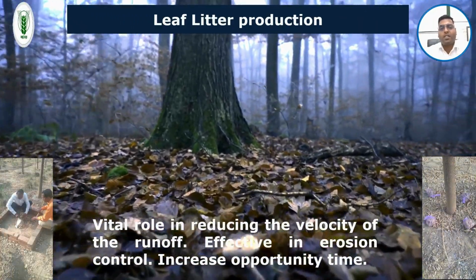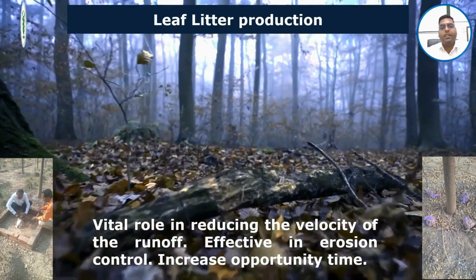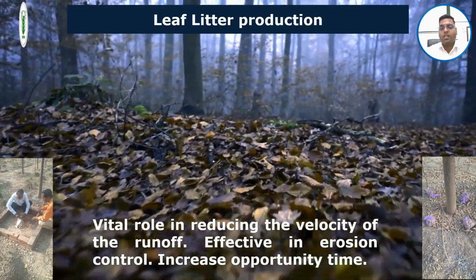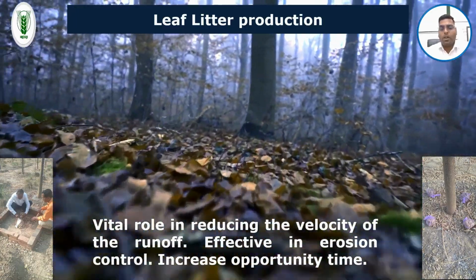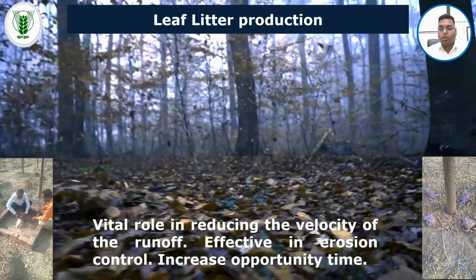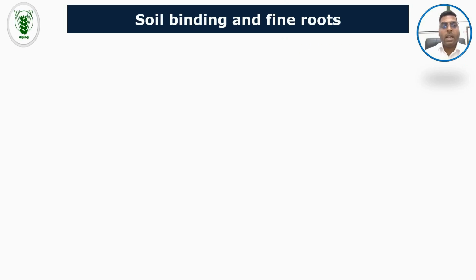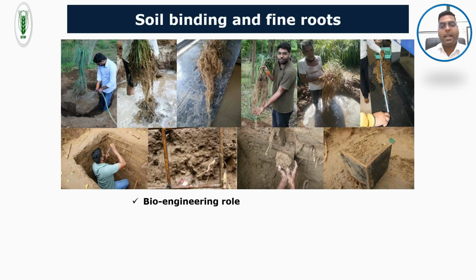Most of the agroforestry systems produce a huge quantity of leaf litter. Leaf litter plays a vital role in reducing the velocity of runoff. They are effective in controlling the erosion and moreover they increase the opportunity time for soil moisture. The fine roots of the trees and grasses play a crucial bioengineering role.